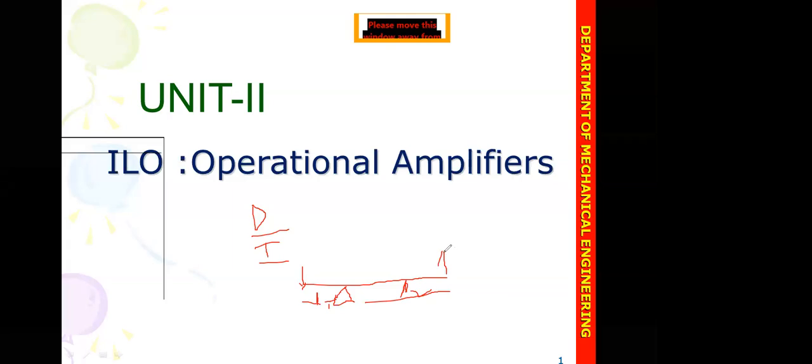That means a small displacement at one end of this beam gives a large displacement at the other end. For example, if this is the y movement and this is x, then x is the small displacement and y is the large. That means magnification takes place. In mechanical amplifiers, magnification means going from small to large displacement.